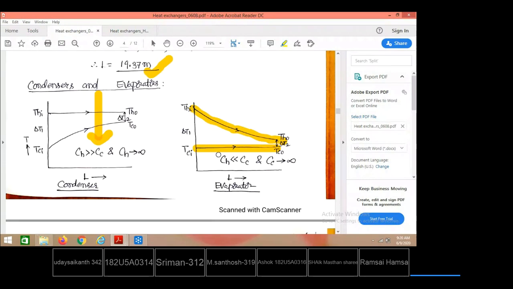In the case of condenser, the cold fluid remains constant. This is what you have to remember.